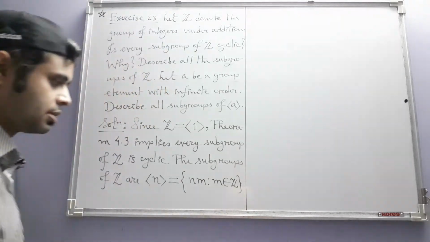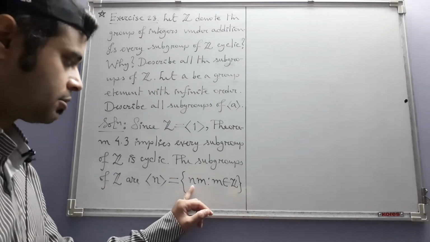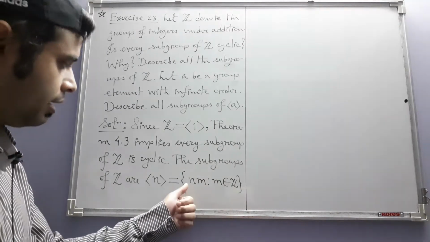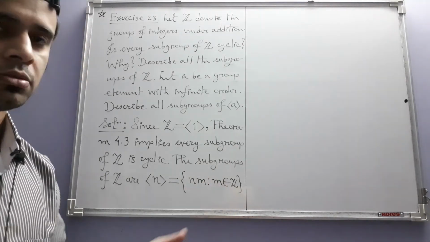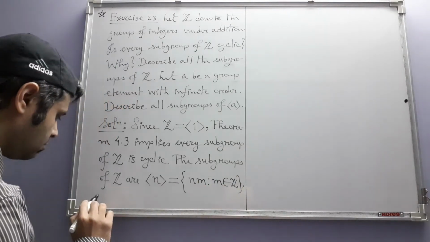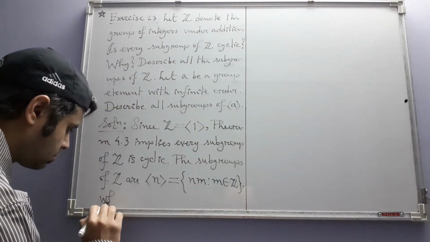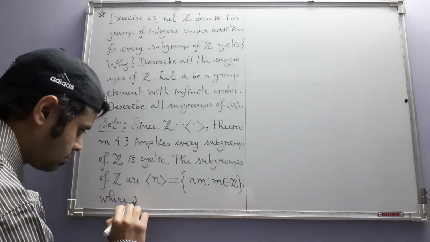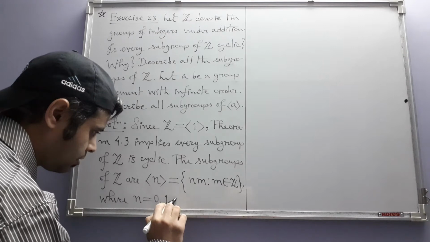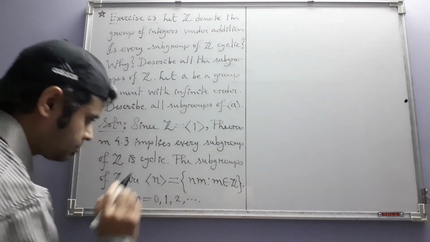Which you know is the set of all integers of this form, that is all multiples of n, where this m varies over the set of integers, where n is a non-negative integer.